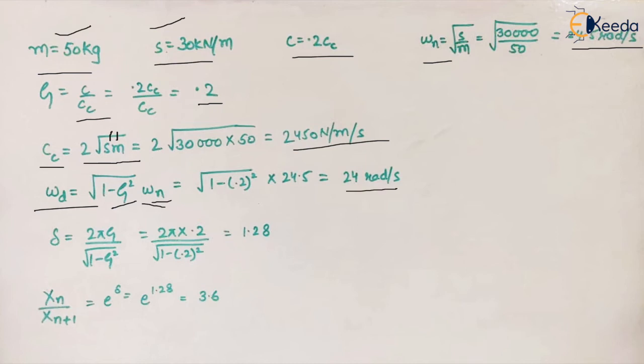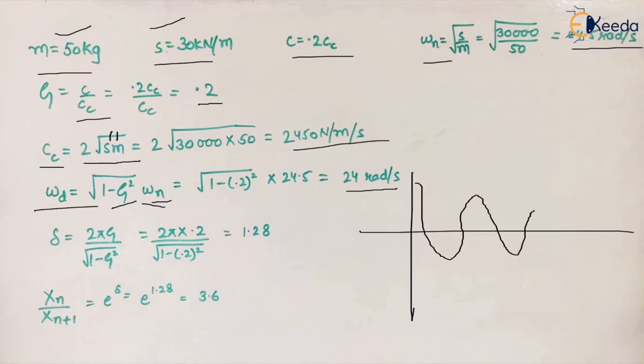The fourth thing we have to calculate is the logarithmic decrement, which is denoted by delta. Logarithmic decrement is basically the natural log of the ratio of two successive oscillations, right? If the vibrations are something like this, they are decaying vibrations. So the ratio between two successive oscillations is given by this, and the time period between these two is the time period of the damped, or underdamped, system.